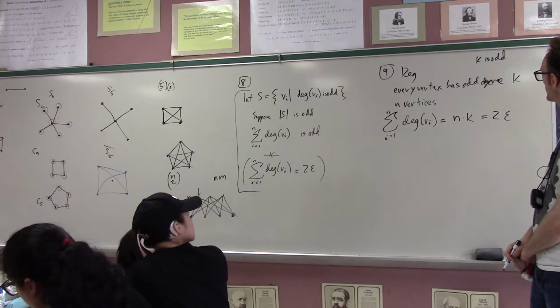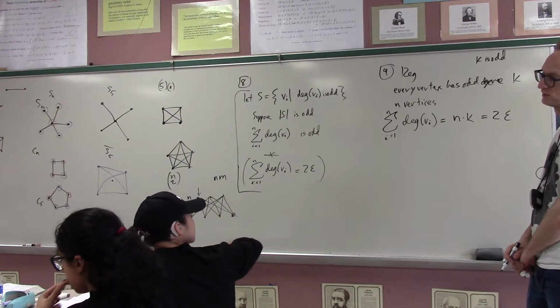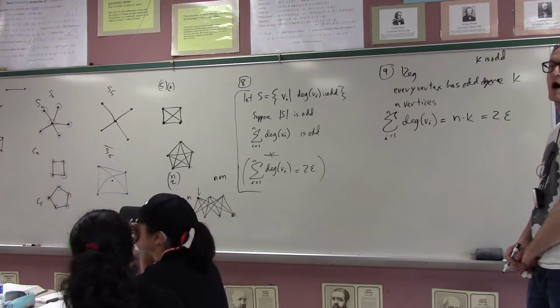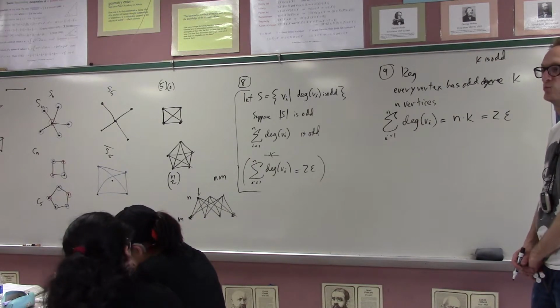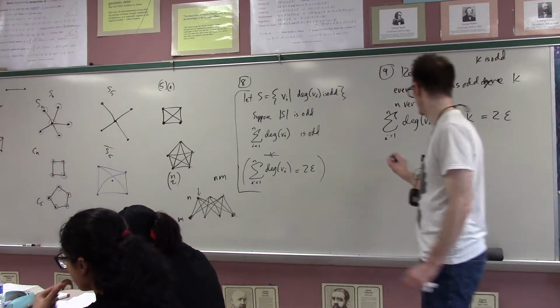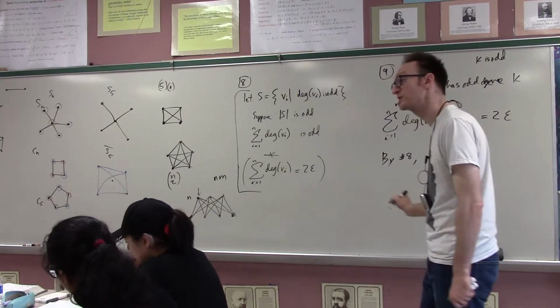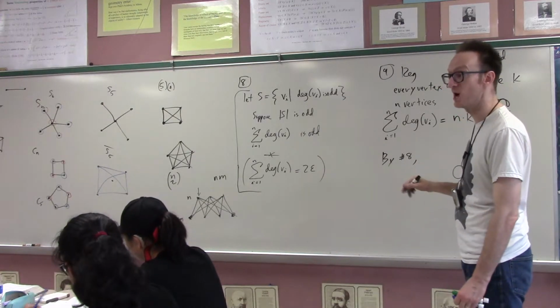Oh wait, why am I allowed to just divide by 2? Because k is odd, so that works only if n is even. You have to have an even number. Brilliant. Okay, so by number 8, which established that you cannot have an odd number of vertices of odd degree, what do we know?